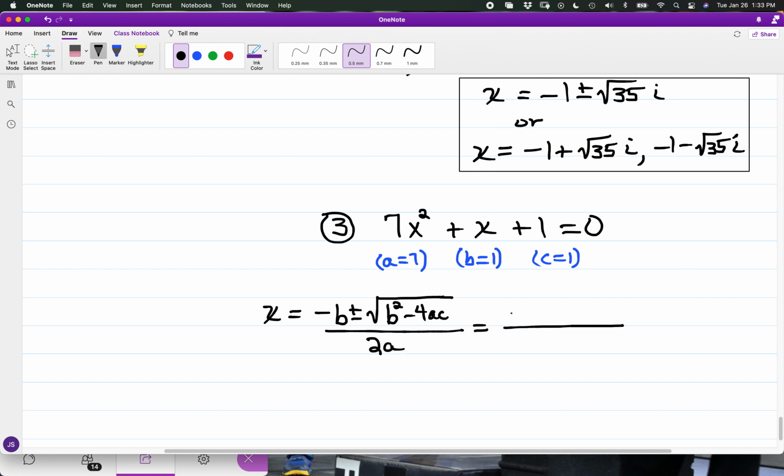So for negative b, we have negative 1 plus or minus the square root. For b squared, you have 1 squared. And again, the minus 4ac part, you must be careful with. So you have minus 4, a is 7, c is 1, all over 2a, which we have as 2 times 7.